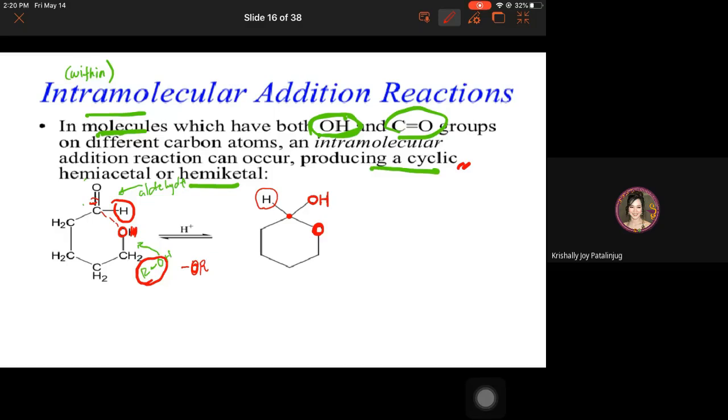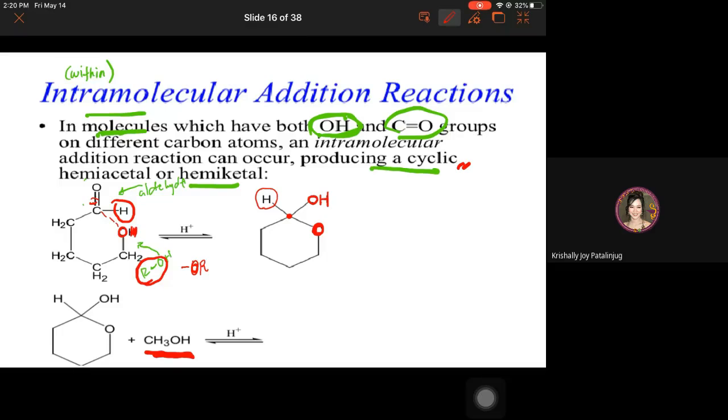Okay? Now, ma'am, from that hemiacetal, can excess alcohol still be added? Yes, it can. But this time, not intramolecularly. You can add excess alcohol intermolecularly. So you need a separate alcohol to form the acetal.